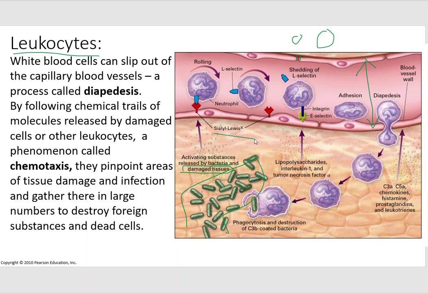In addition, the vessel cells are going to produce these receptors on the inside of the blood vessels, C.L. Lewis, while the white cells, based upon those chemicals, are going to produce something called L-selectins. What's going to happen is these guys are rolling and they grab onto these receptors. They don't hold very tightly, but they go through several of these receptors and they basically roll to a stop.